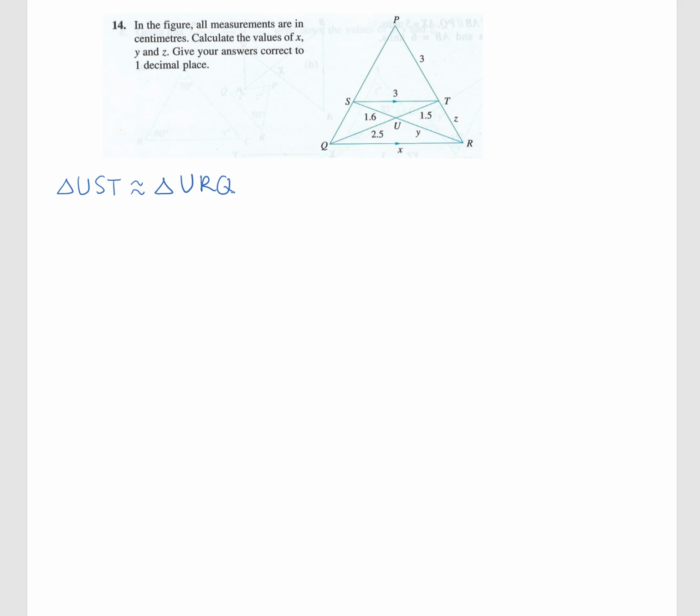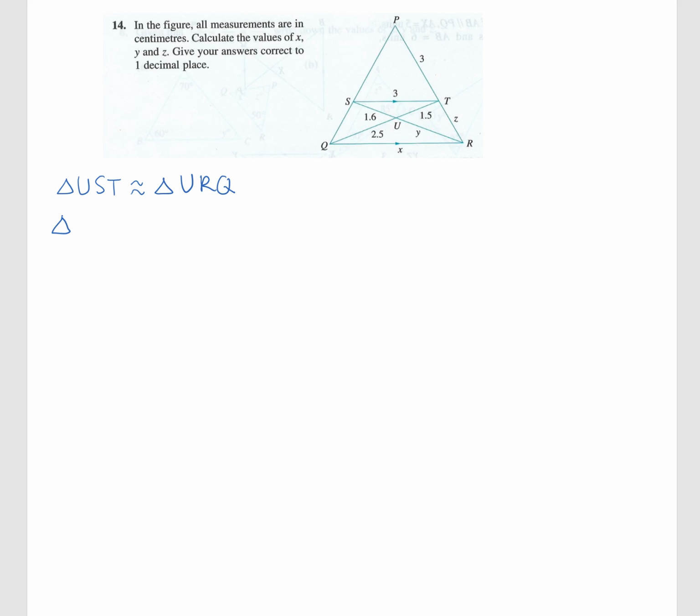And so we have another set of similar triangles here. Because these two lines are parallel, we can say that this large triangle here is similar to this smaller triangle here. So the way we write that is, I'm going to label the big one first.